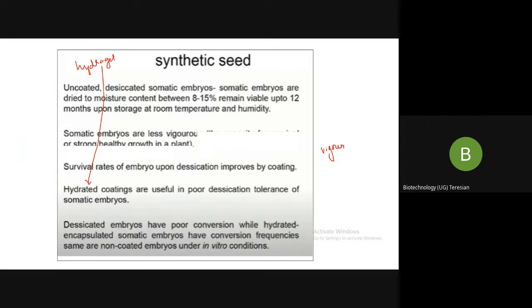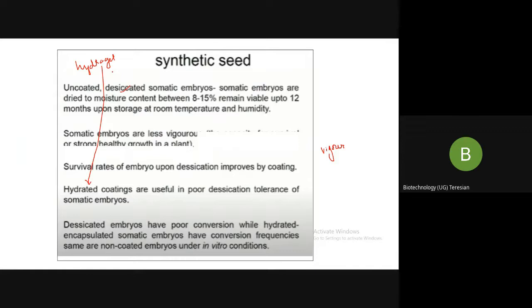Hope it is clear. So you have to decide whether your species of interest can withstand the desiccated form or whether it can withstand the hydrated form.